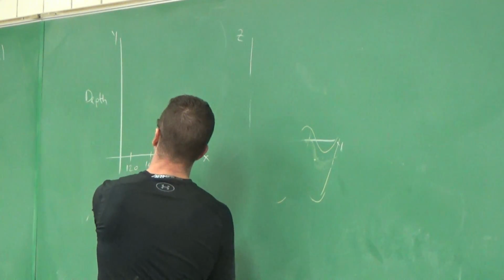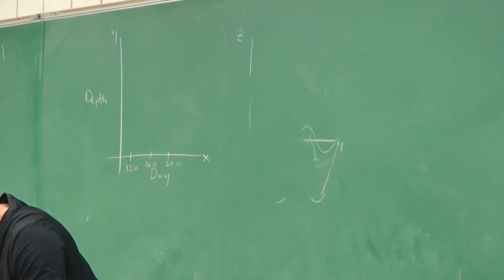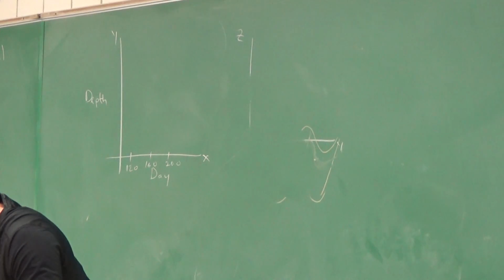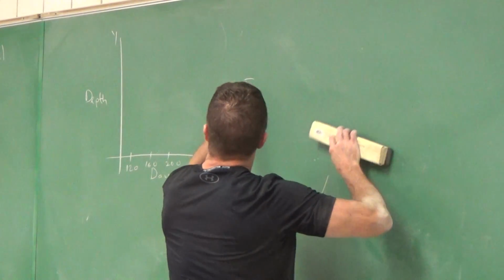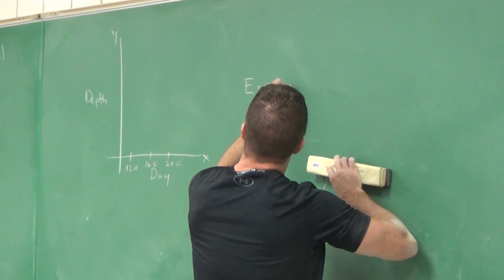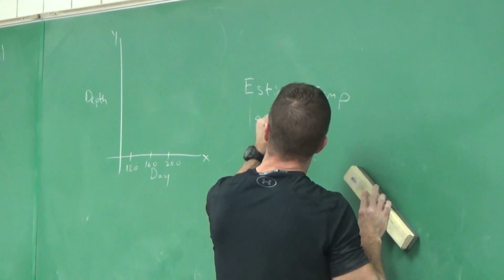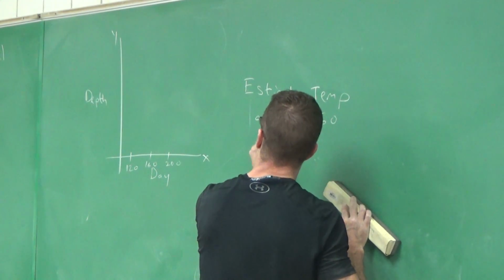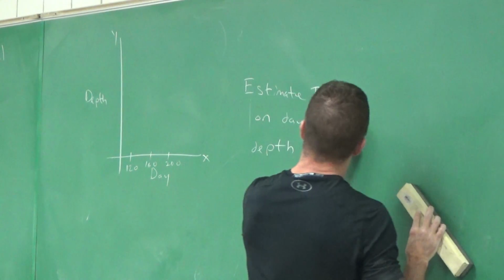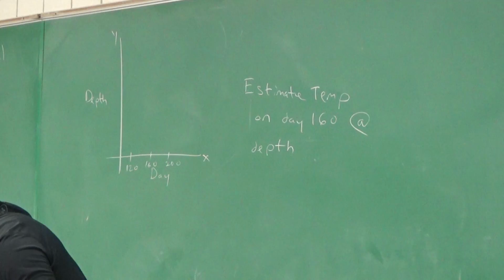Can you estimate the temperature on day 160 when the depth is, and please add this to the problem: estimate the temperature in the lake on day 160 at a depth of, let's say, 10 meters.